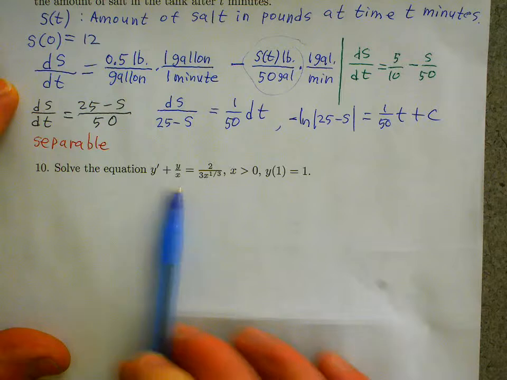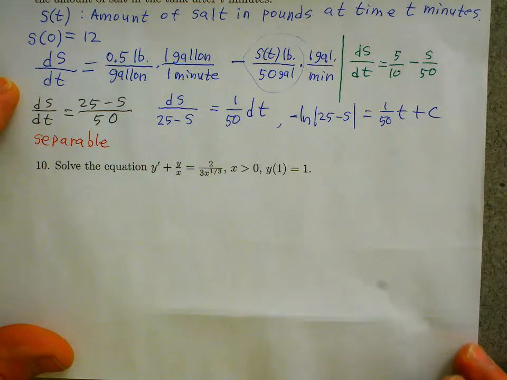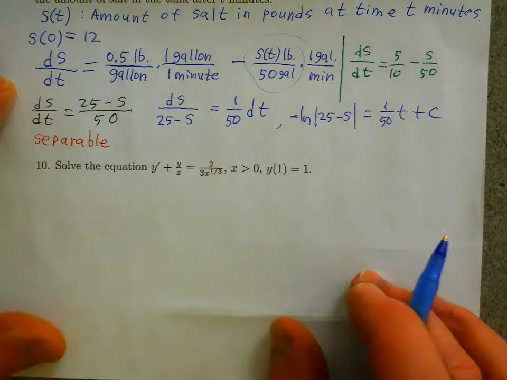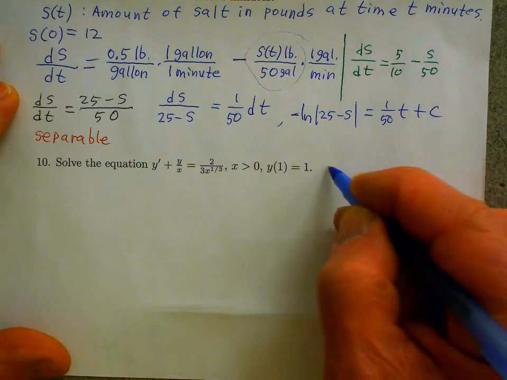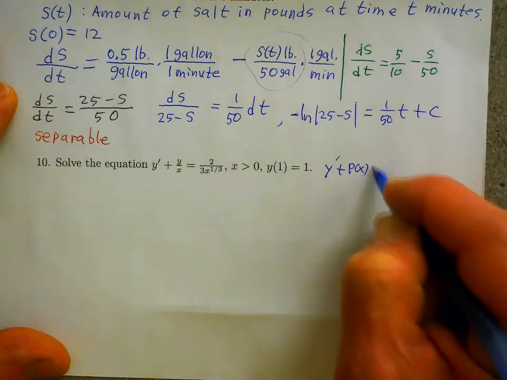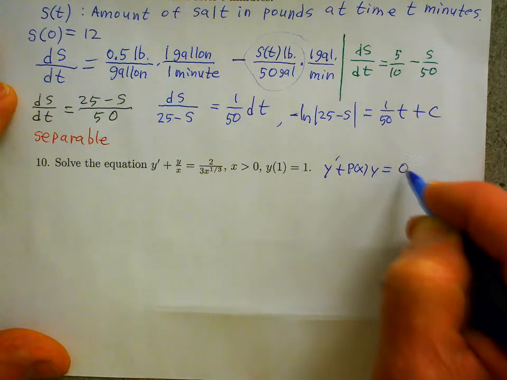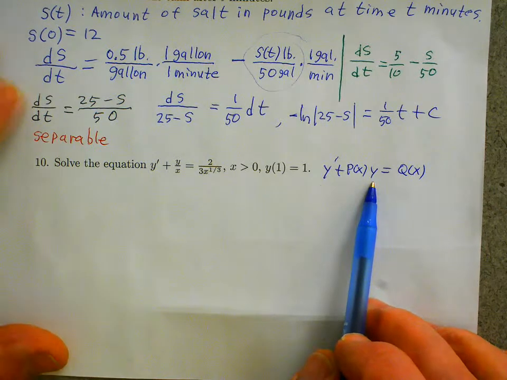Okay, so this is a first order linear. This has the form y prime plus p of x times y equals q of x.